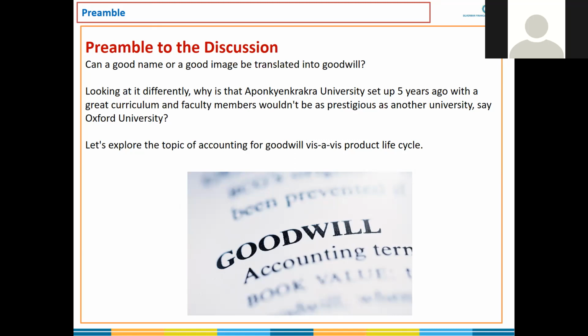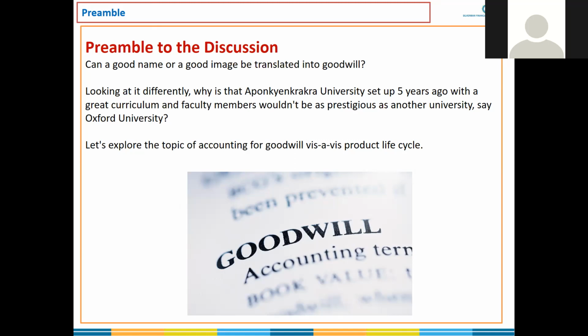So if you establish something for a very long time, that is, it has gained a name and gained popularity for a very long time, then you establish what is called goodwill. That is what comes about in what we call goodwill.